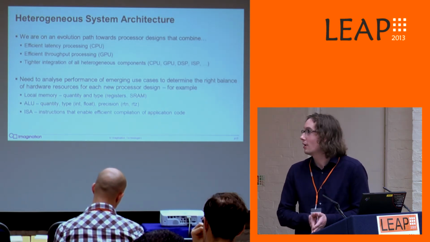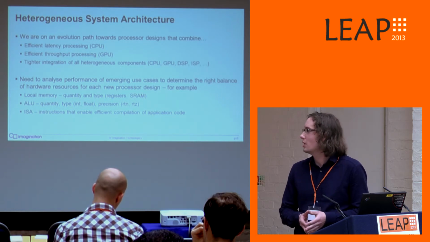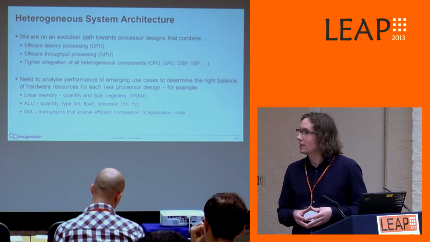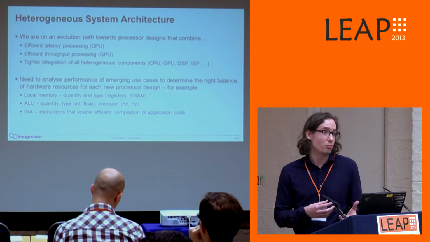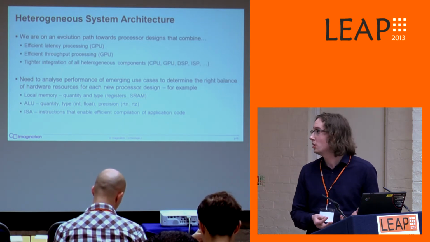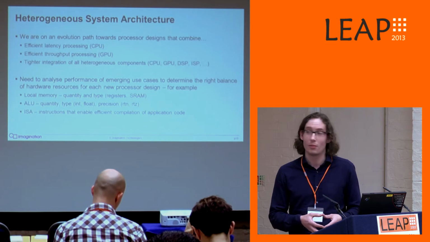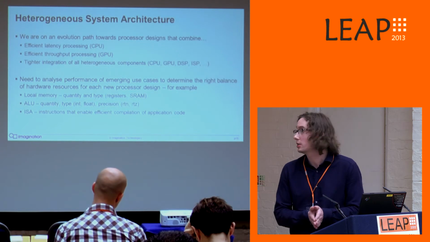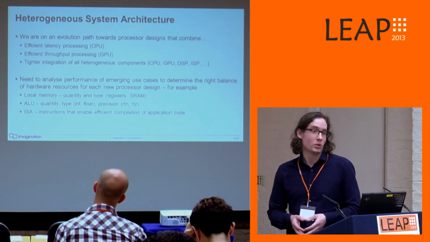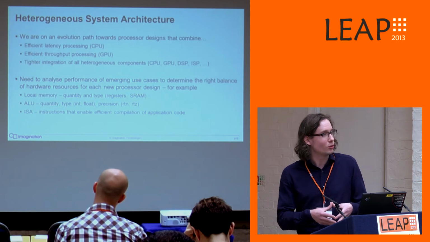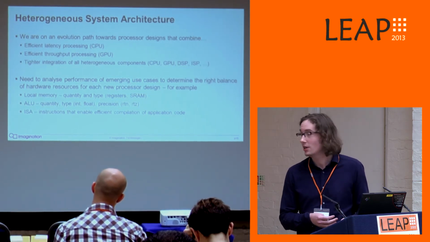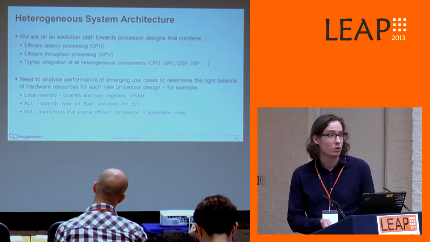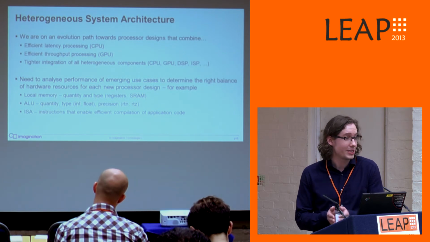We need, as a company, to analyze the emerging use cases to determine the right balance of hardware for each new design, from things like the ALUs, how many do you need, do you provide, optimize the floating point or integer, what's the precision requirements, what do you do about local memory, do you provide it as registers or SRAM, or perhaps just let the caching hierarchy take care of it. And then even the ISA. At the moment, the ISAs tend to be optimized for graphics, but as we have more emerging use cases in different application areas, there may be particular types of instructions that you would want in your ISA to enable more efficient static compilation.